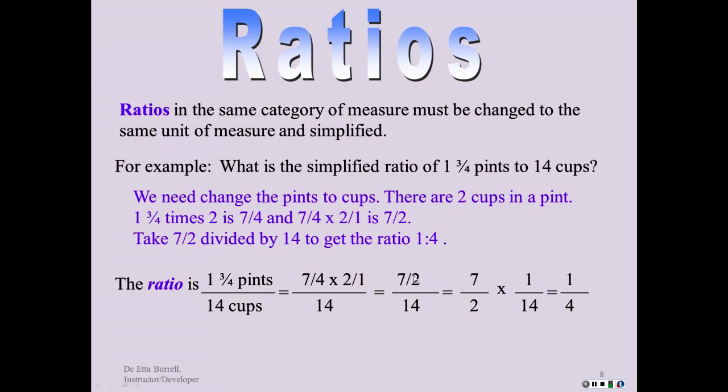Now I have 7/2 cups divided by 14 cups. So my ratios have the same unit now. Now I'm going to do keep, switch, and flip because I'm dividing fractions. I've got 2 fractions that I'm dividing. And when I do keep, switch, and flip, I get the ratio of 1 to 4. If you do not convert this, you will not get the correct ratio.